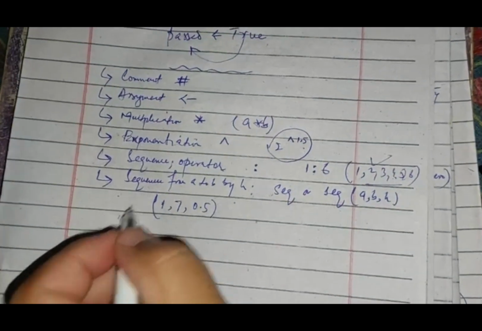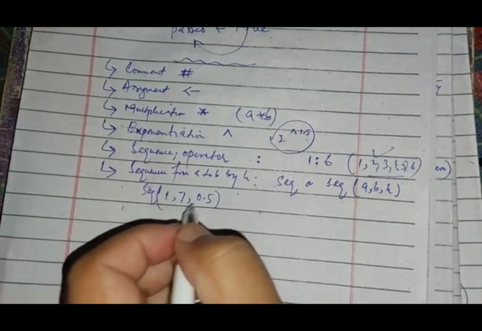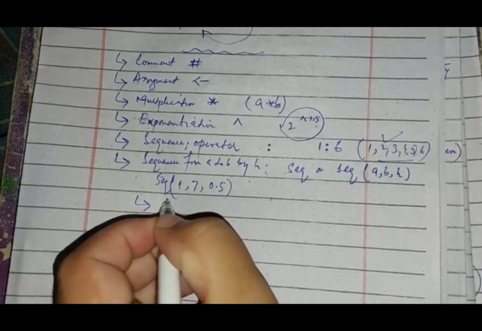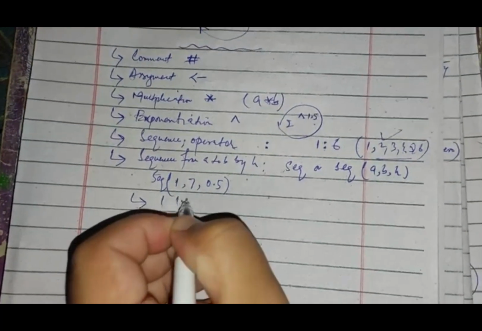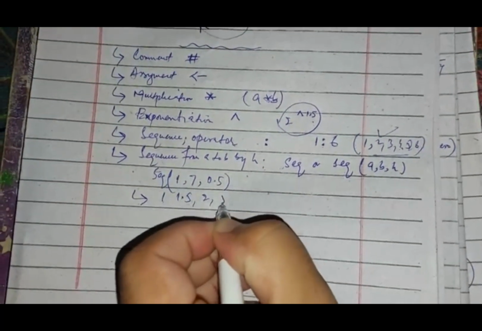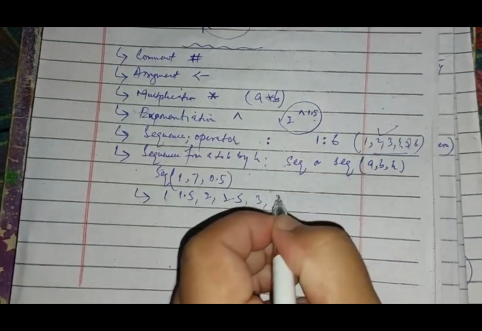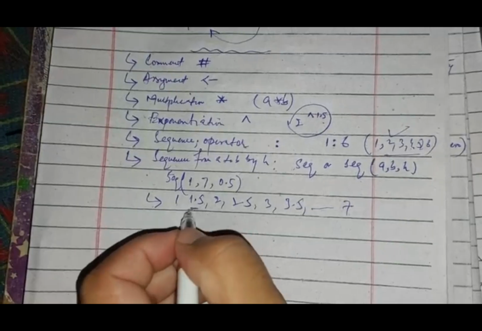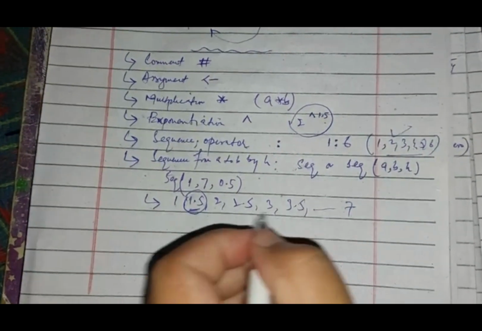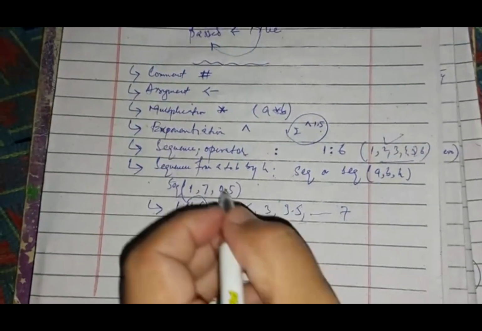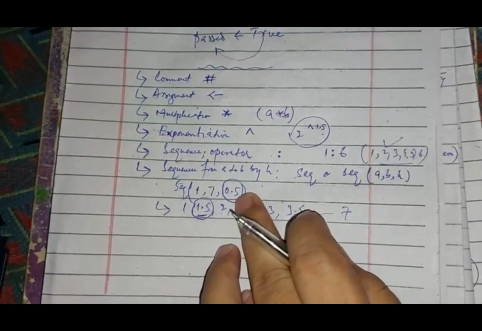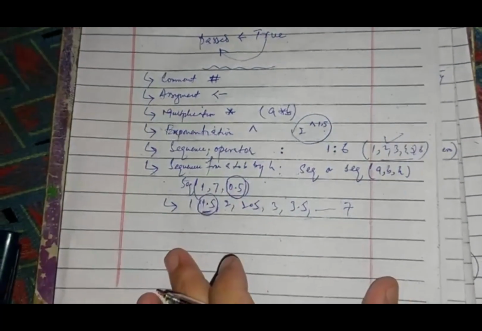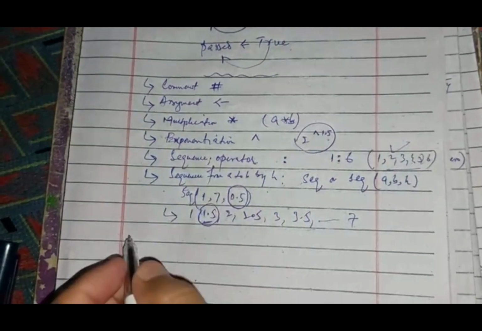If I write like this in the program, it will sequence it like 1, 1.5, 2, 2.5, 3, 3.5 and so on up to 7. So the difference will be 0.5 in each of the numbers because we have divided by H, and it will sequence it from 1 to 7. So this is for special sequence.